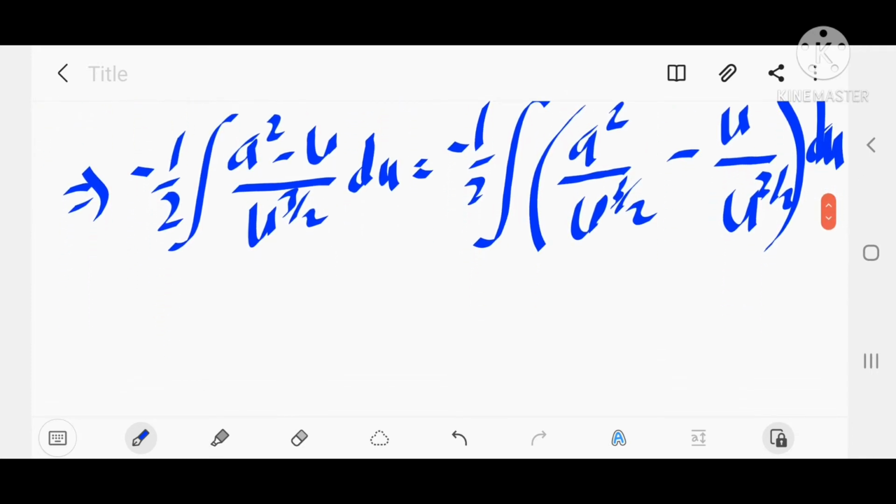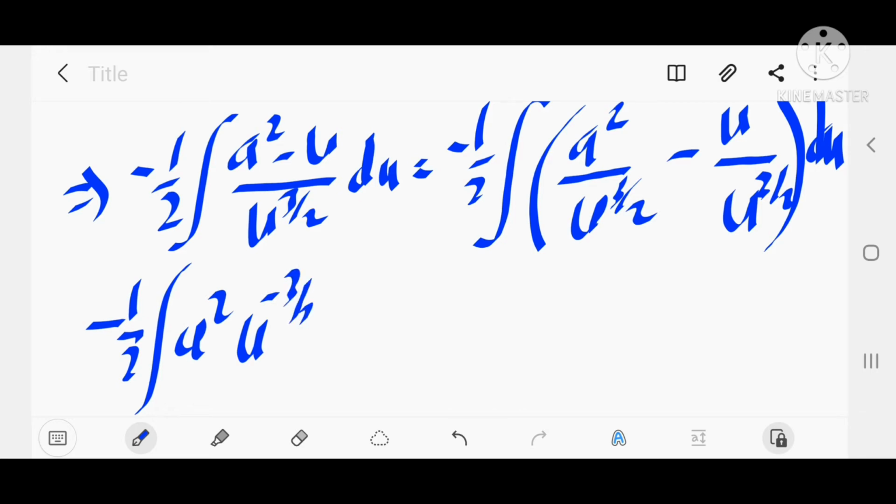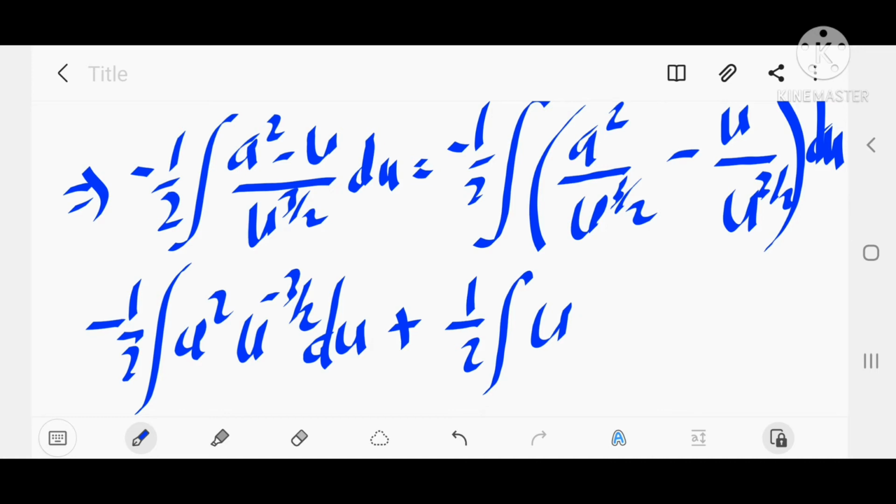That means we'll have half the integral of a squared u exponent negative 3 on 2 du, plus half, because the negative affects the negative here so we have positive, the integral of u exponent 1 minus 3 on 2, that will give us u exponent negative 1 on 2 du.